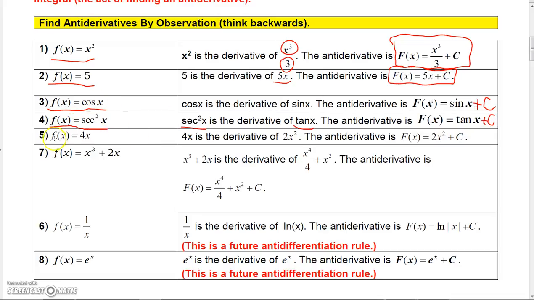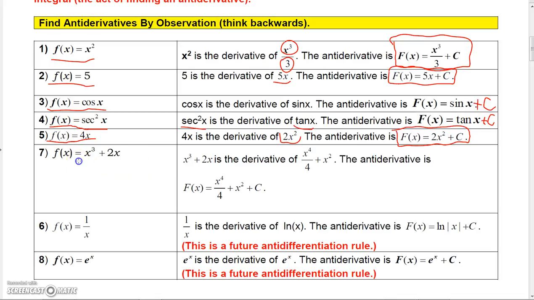Okay, we'll do a couple more. This one's not too bad. 4x, well, if you think long and hard enough, you know that the derivative of x squared is 2x. So maybe if I use 2x squared, when I take the derivative of 2x squared, I'll get 4x. So an antiderivative of 4x would be 2x squared plus any constant.